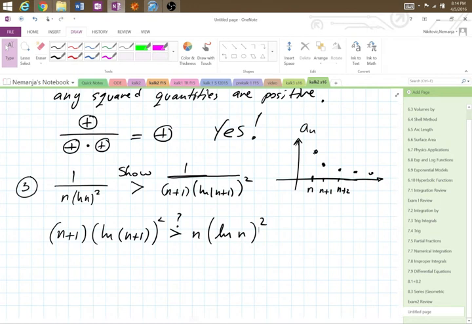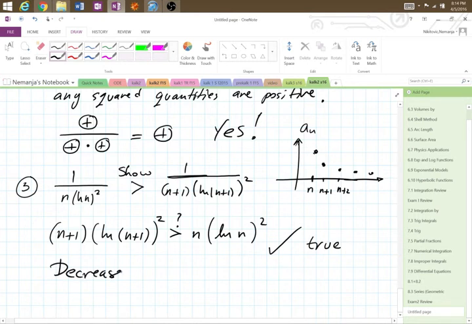Is this true? Of course it's true, right? The n plus 1 will always be bigger than n, and ln of n plus 1 is always bigger than ln n. So yeah, this is true by simple inspection, which means decreasing is proven. And we proved all three.